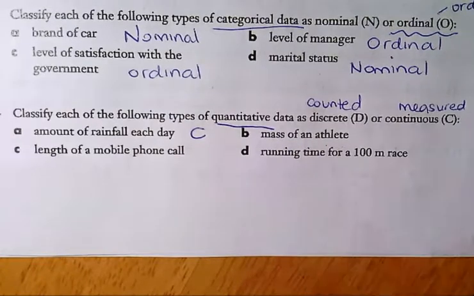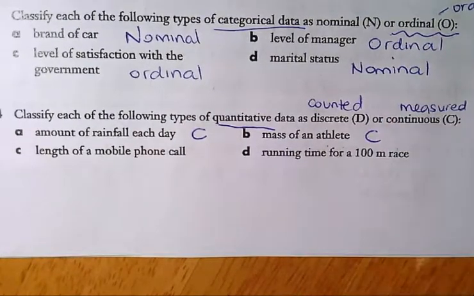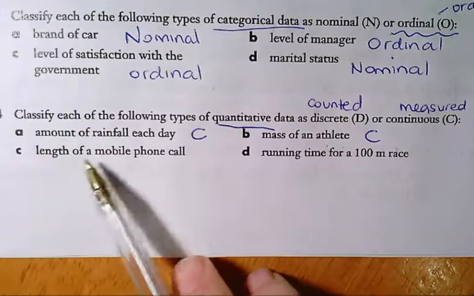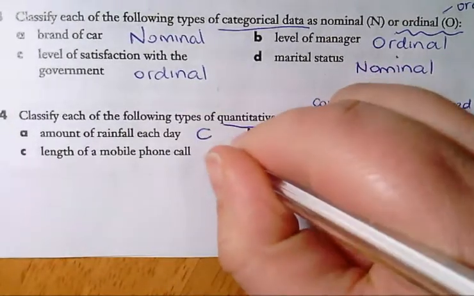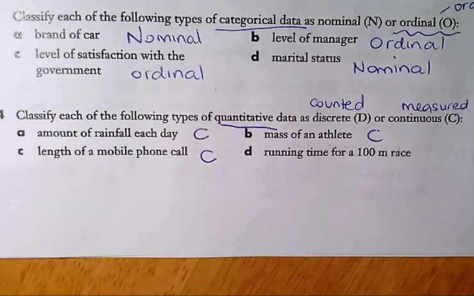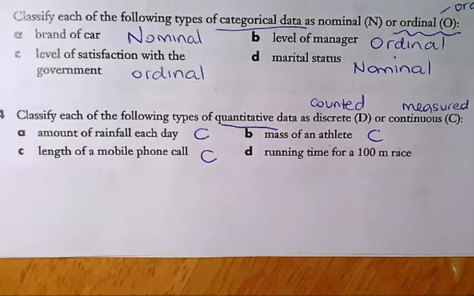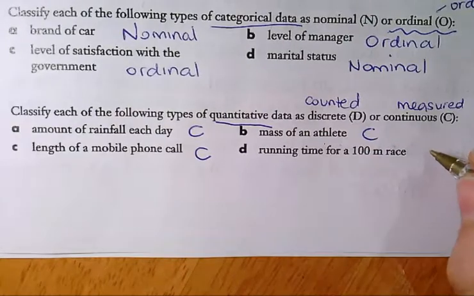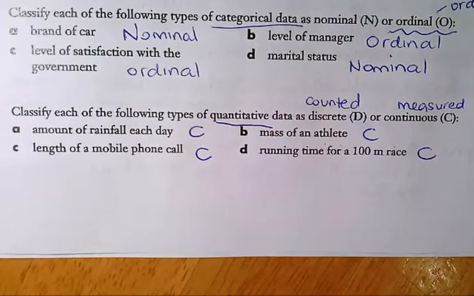The mass of an athlete is also measured. That's continuous. The length of a mobile phone call, that's continuous. That's measured in seconds, or even you could go to smaller units. And running time for a 100-meter athlete, that's also continuous.